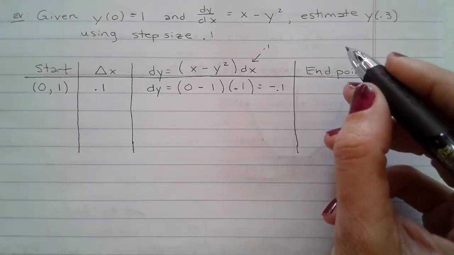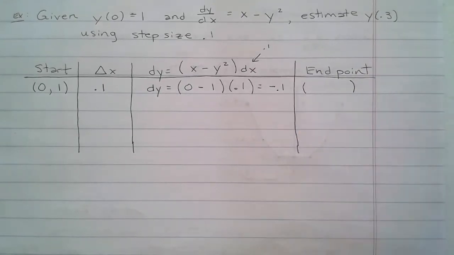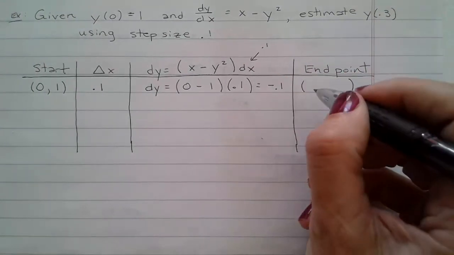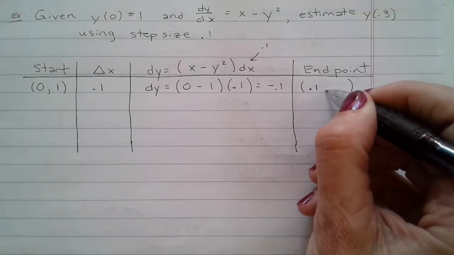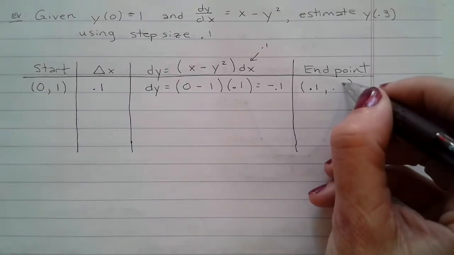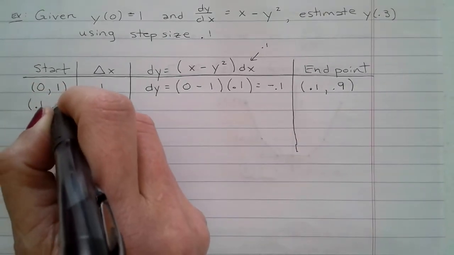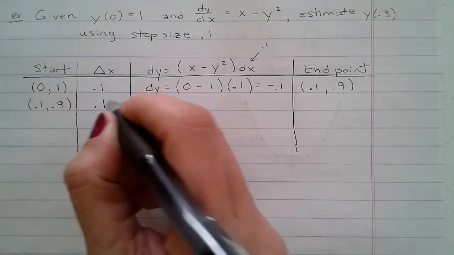And so we can calculate out what our change in x was and our change in y was. So 0 changed by 0.1 is 0.1. We're at 1 and y went down 0.1, so we're at 0.9. We bring this new point down and we start all over again, okay?